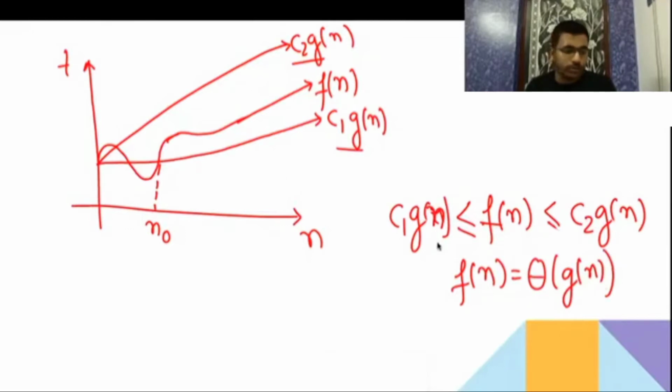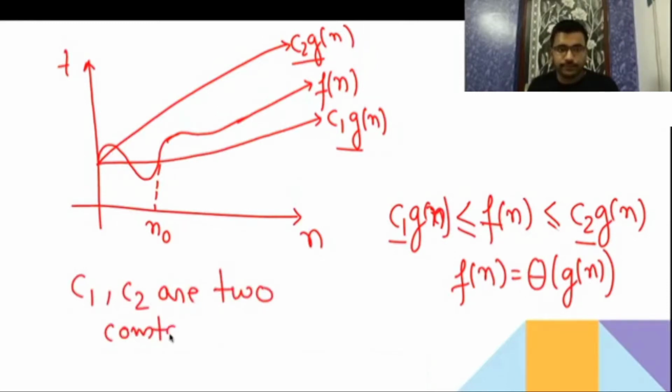So both lower bound and upper bound, just by varying c1 and c2, which are two constants, c1, c2 greater than equal to 1.